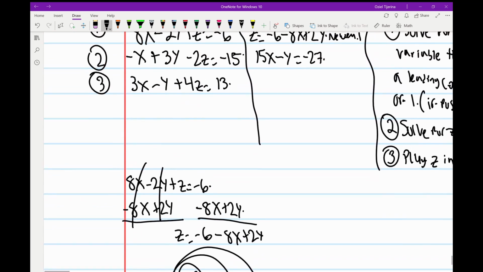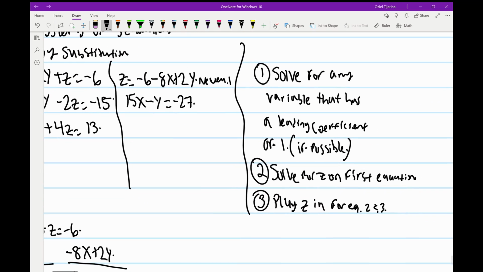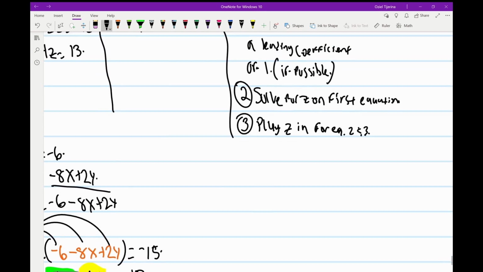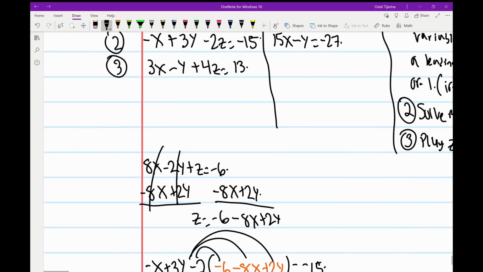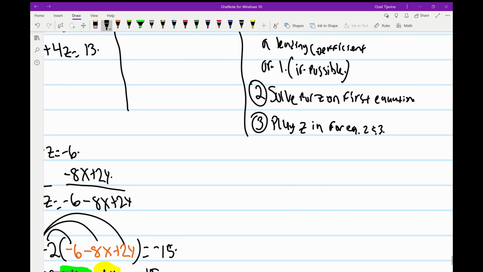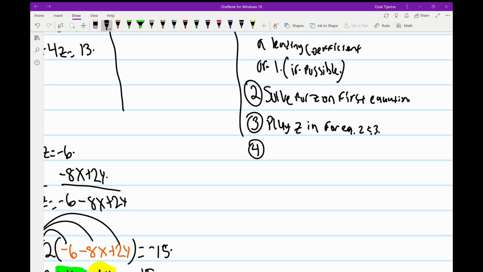So now you have number 4. What number 4 would be is, basically, we get equations 2 and 3.